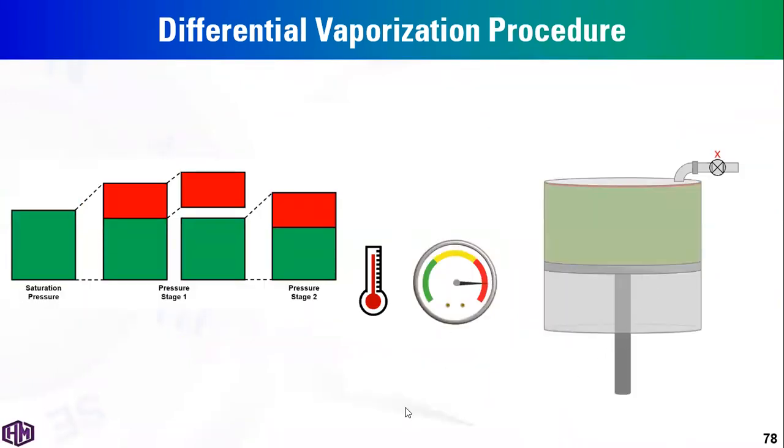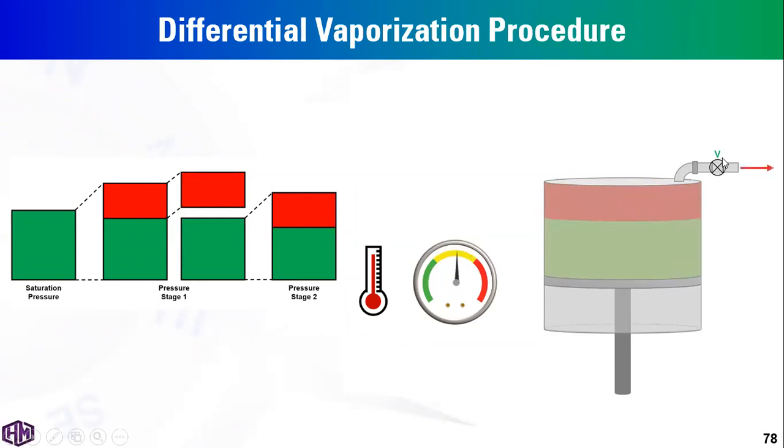In this animation, similarly, this is the procedure of differential vaporization. As you can see, this valve is closed, starting at the bubble point pressure. Once the pressure is reduced, we have gas.